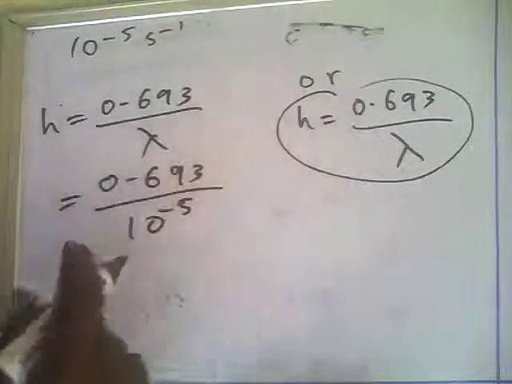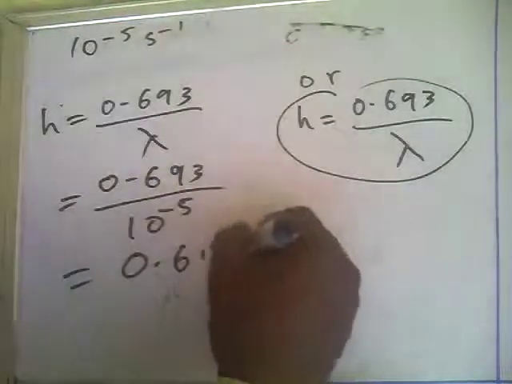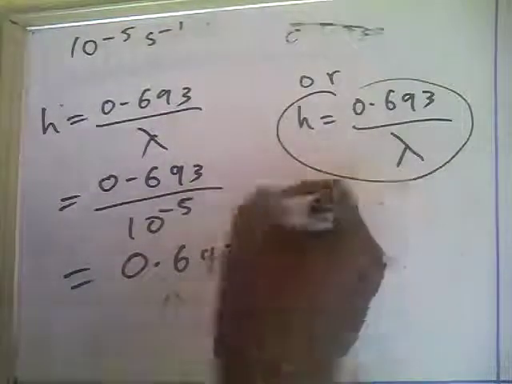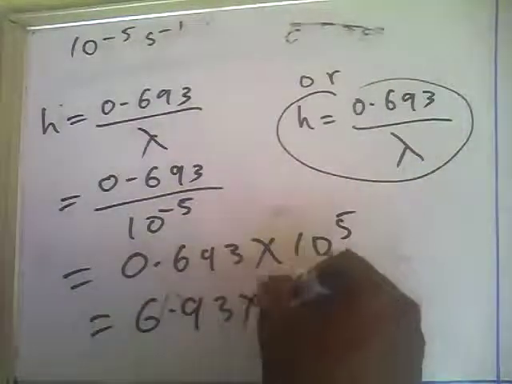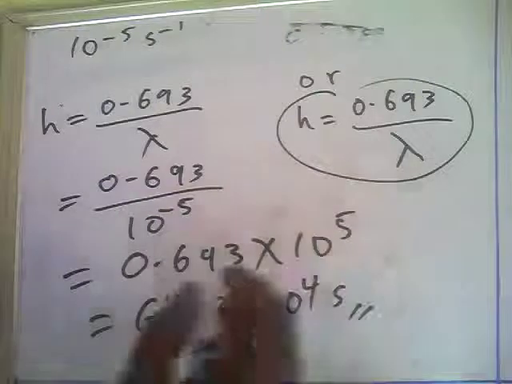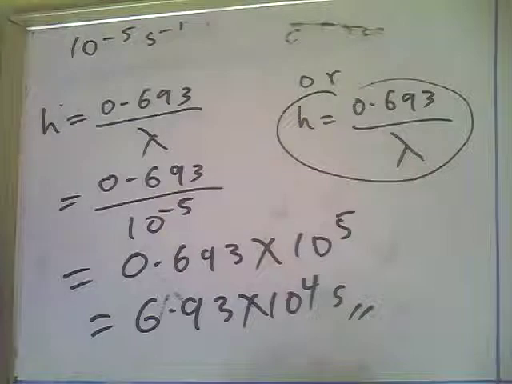When we do that, it becomes 0.693 times 10 to the power 5, which is 6.93 times 10 to the power 4 seconds. So that is the half-life. The correct option there is option A.